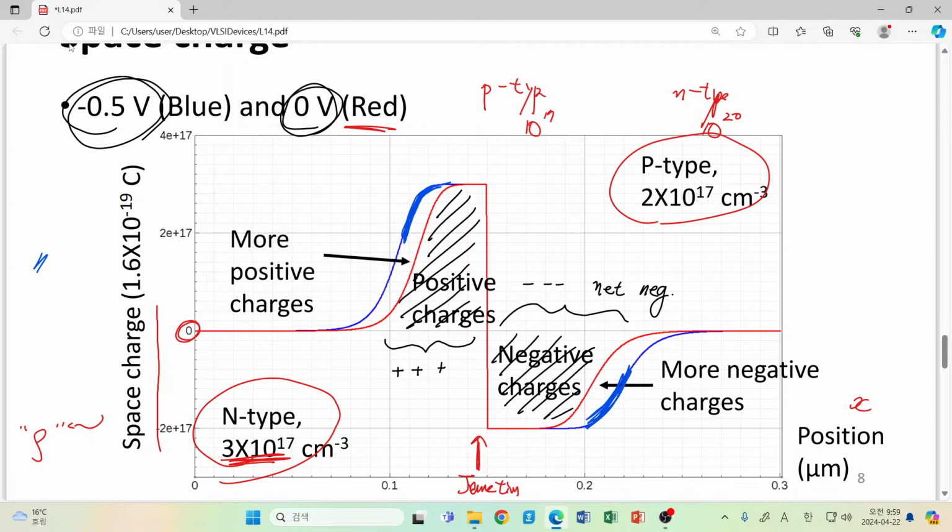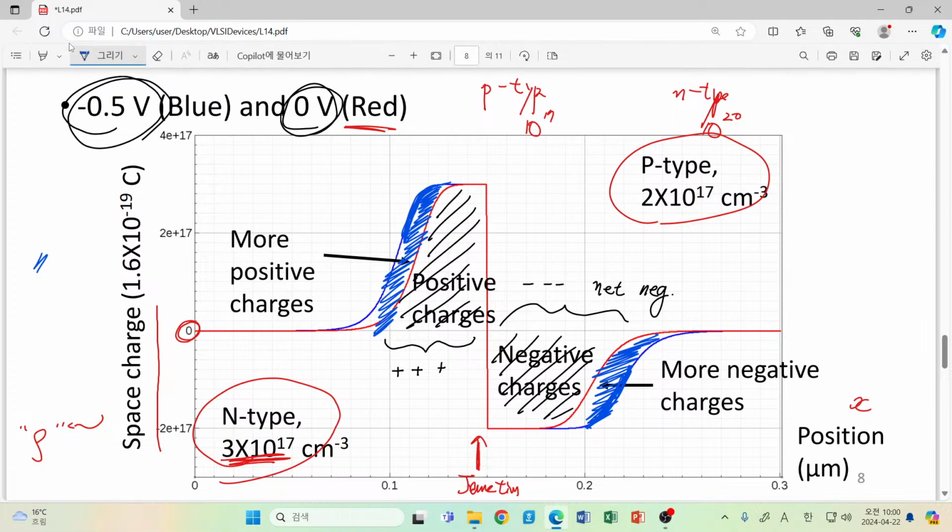So please try to interpret this diagram. When you apply negative voltage to your anode, now you have more positive charge in this n-type region, and more negative charge in your p-type region.